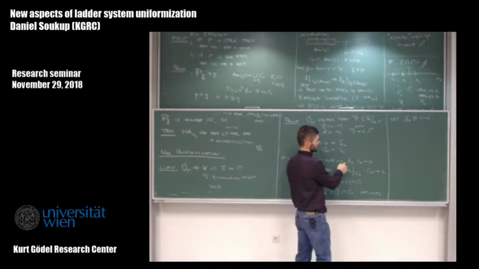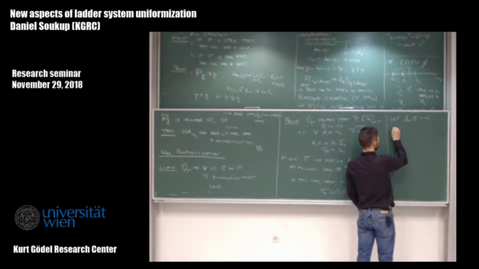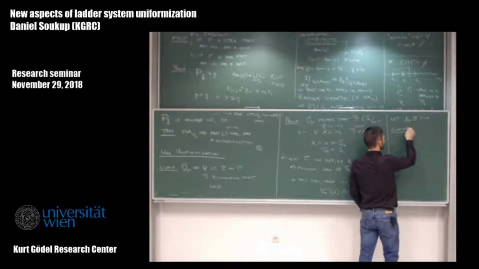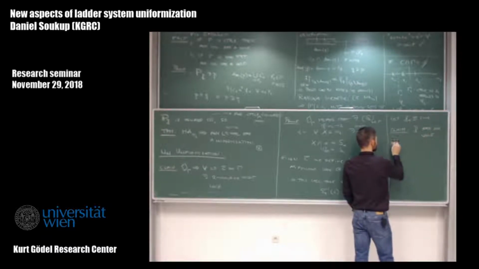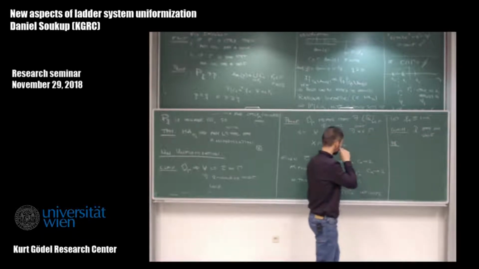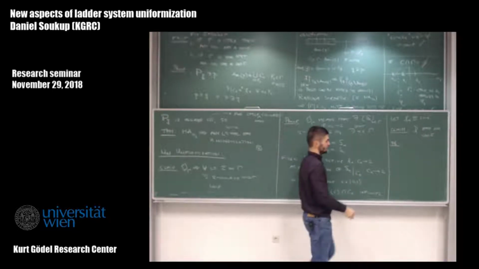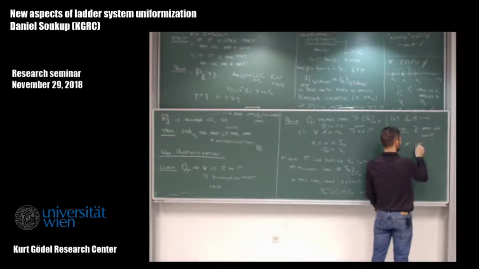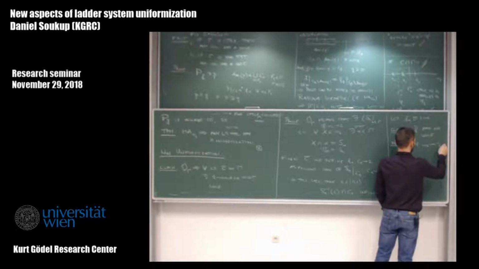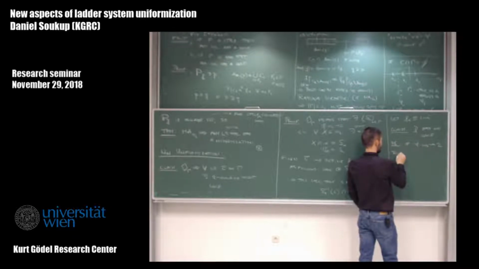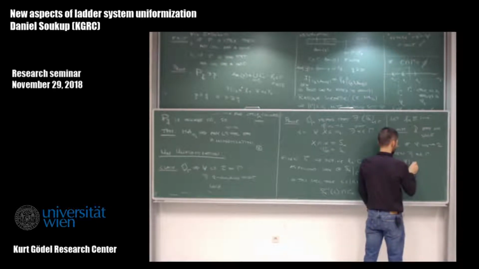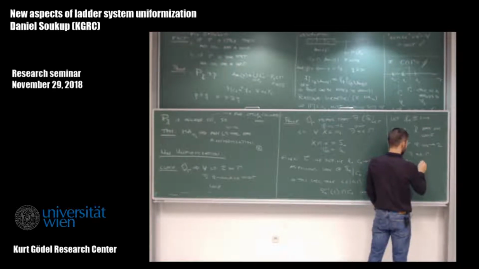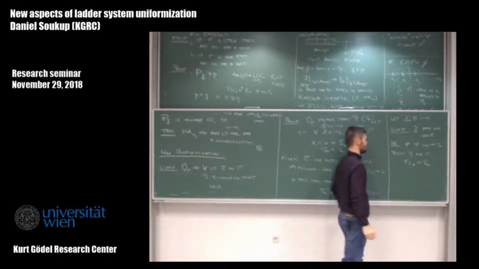I claim that this sequence now has no uniformization. And the proof is that if I take a global function, no matter how I take a global function, then there must be an alpha in gamma where phi restricted to alpha is guessed by the diamond sequence.